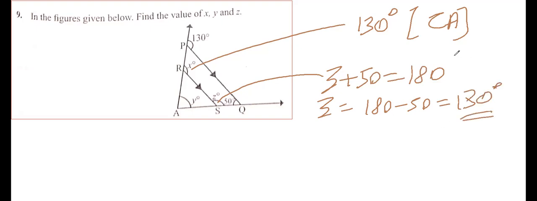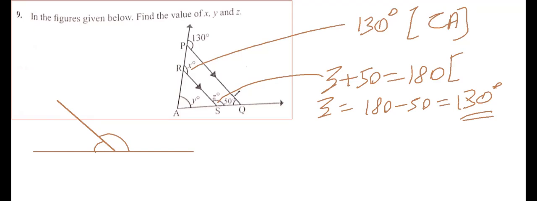What reason will I give over here? I can give the reason as supplementary. No, not supplementary angle. What is called a supplementary angle? If there is a straight line, and say this is one angle, then I am going to call this angle and this angle supplementary angles. Here, the sum of interior angles on one side of a transversal is equal to 180 degrees.